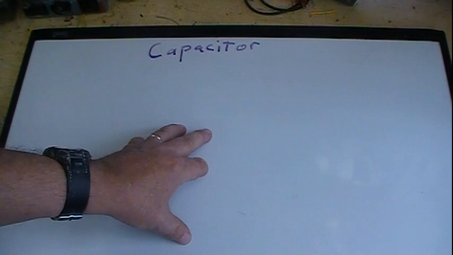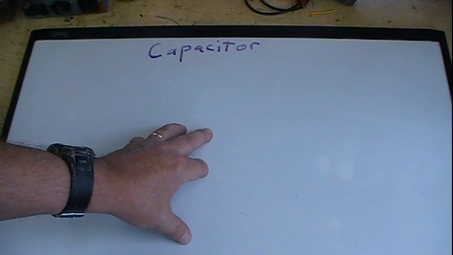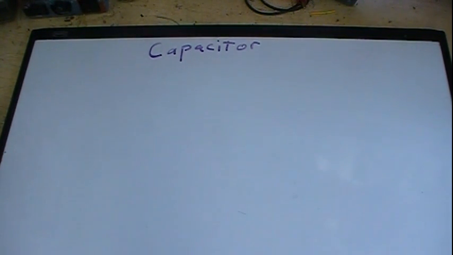Again, going back to some of our losses, the hysteresis loss, the dielectric absorption loss, and things of this nature will have an effect on this. So a capacitor, when you put AC to it, has a certain resistance to that AC, and we call that capacitive reactance.